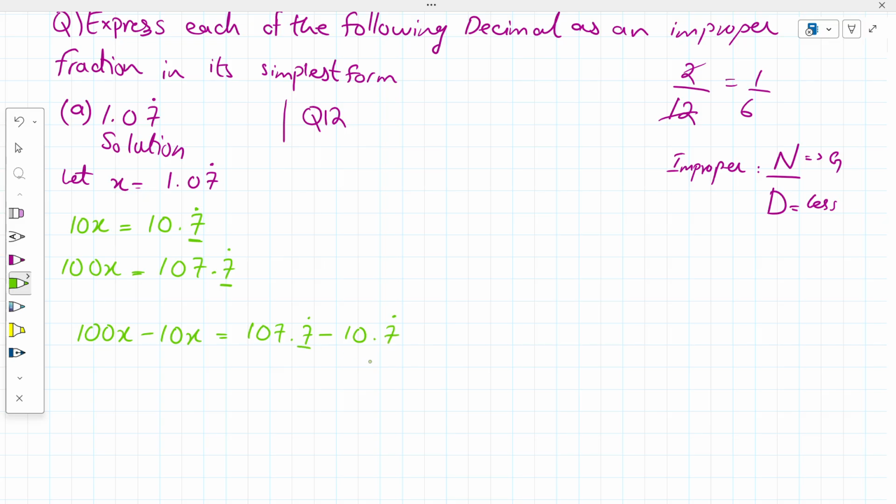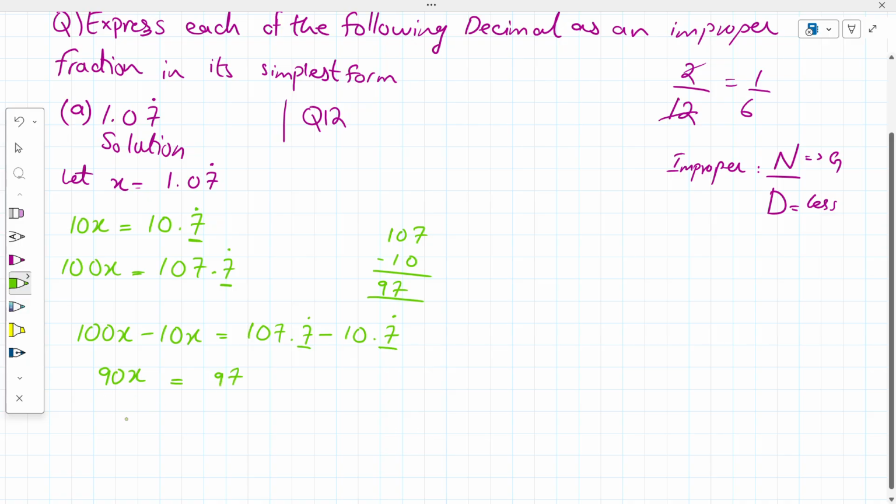So this recurring 7 will be subtracted, and after that 107 minus 10, the value will be 97. So here the value will be 90x equals 97.